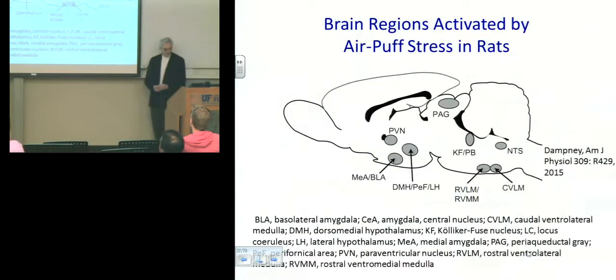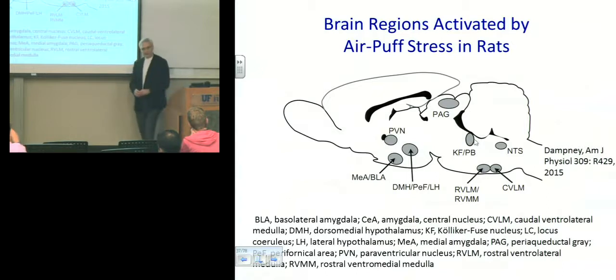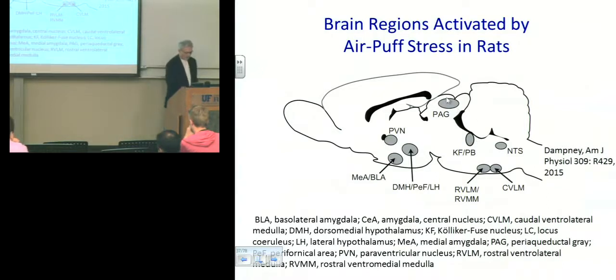So the groups that get involved, in particular from an autonomic point of view, are the rostroventral medulla, caudal ventrolateral medulla, the NTS, parabrachial KF. We've certainly heard about that in respiratory control. The one I just mentioned, periaqueductal gray.